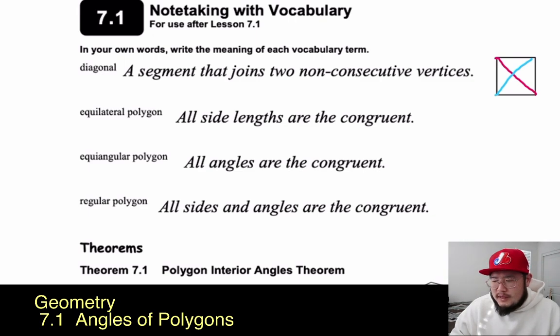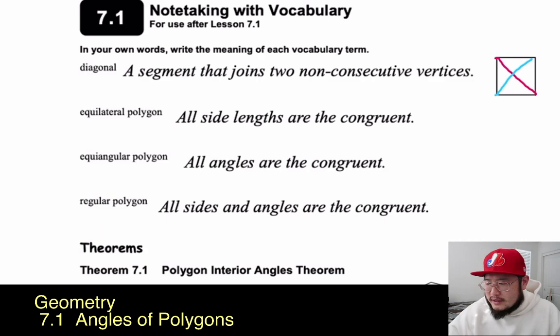And then finally, a regular polygon is like the perfection right there, where all sides and angles in the polygon are congruent. So there are several things that you're going to have to memorize here, and let's take a look at the first one.